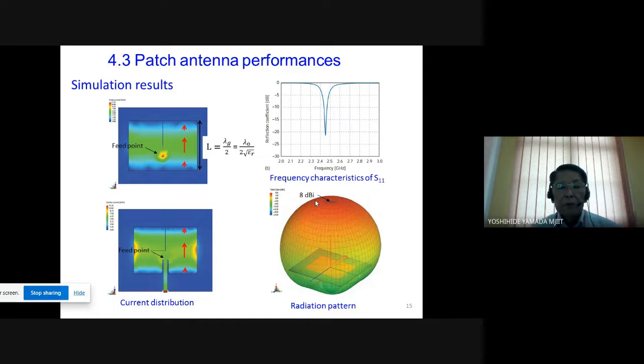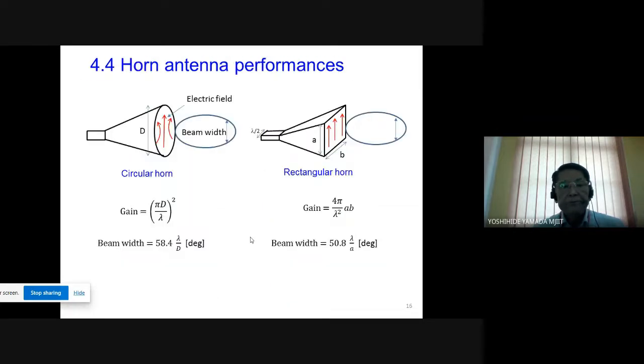Once the basic structure is achieved, some modification of this design can be proceeded. This is the horn antenna. The horn antenna is not a resonance antenna, so the performance can be achieved rather easily.